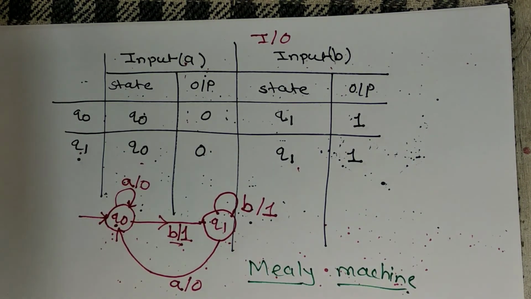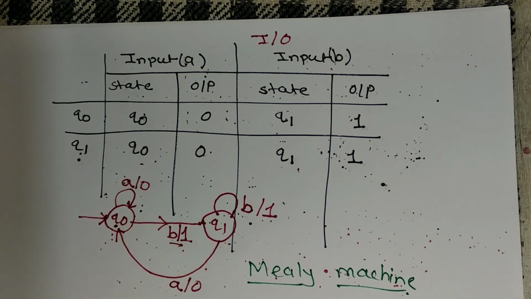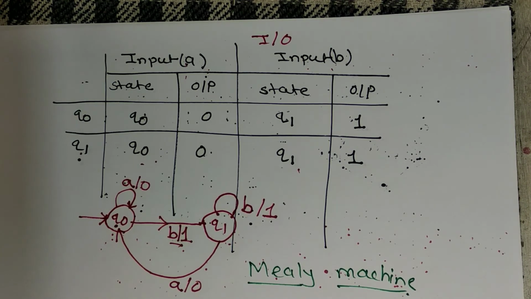Just remember the steps. At first, if a Moore machine is given, then you have to write its transition table. If the transition table is given, then it's your task to draw the Moore machine.